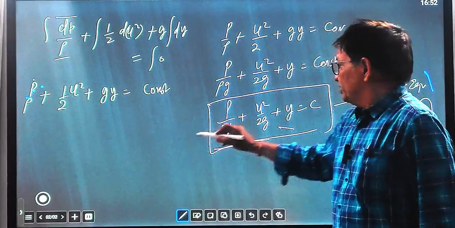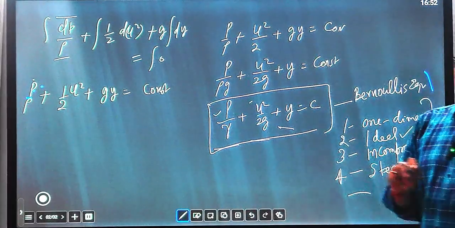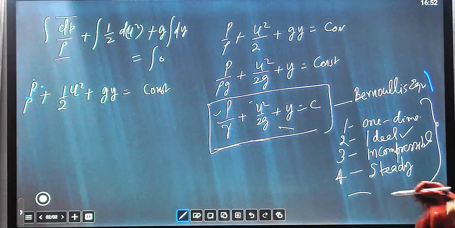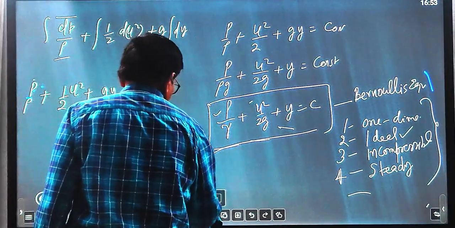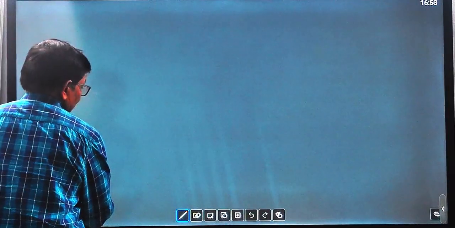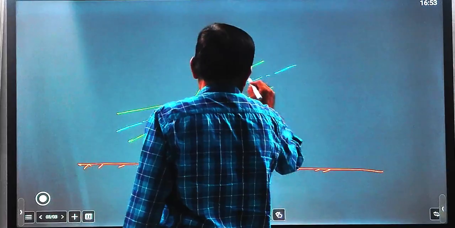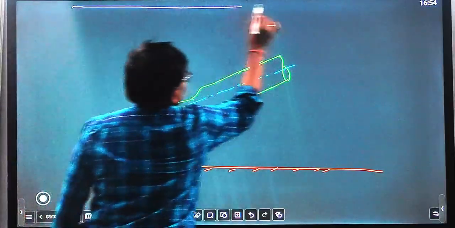So how do we represent these heads? By using the hydraulic energy line. So let us draw the hydraulic energy line. Let us take a datum. This is the datum, and this is the total energy line.